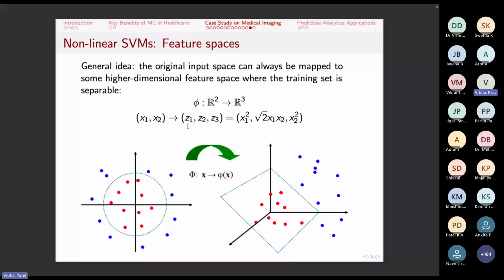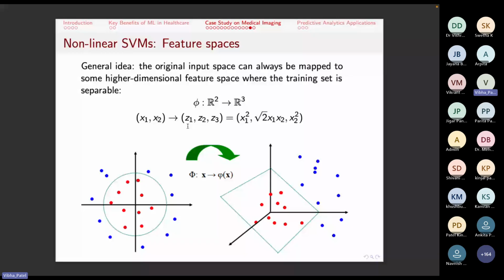But what if there is a non-linearity existing in the data? Every time it's not necessary that I'll be in a position to find a plane. The data may be such that, like the one projected in the slide, there is no separating hyperplane which can separate the blue and the red dots.